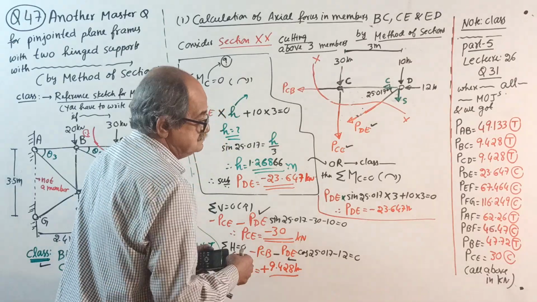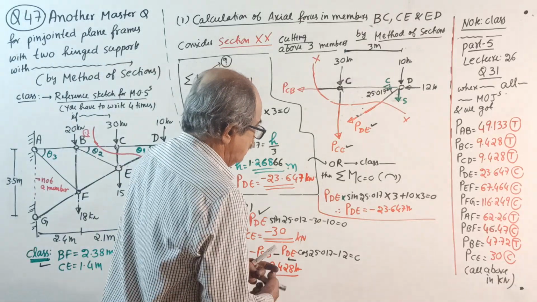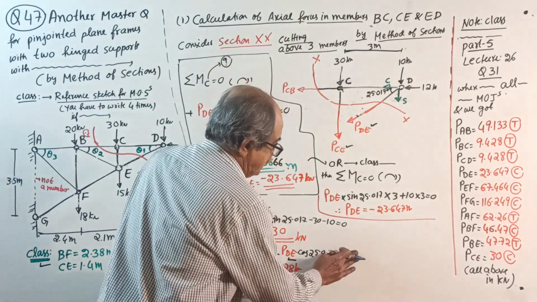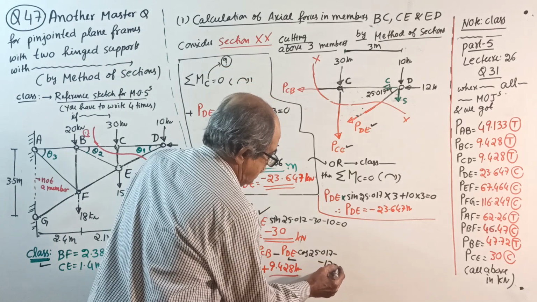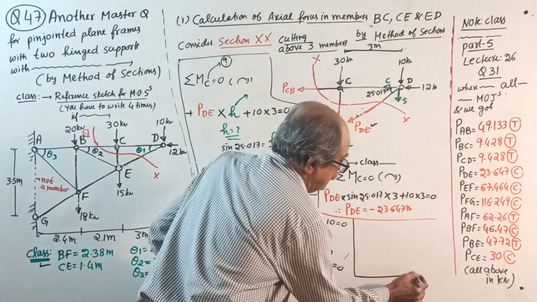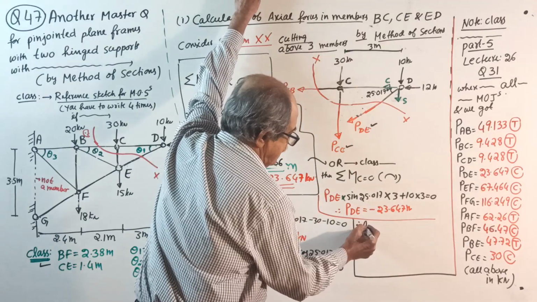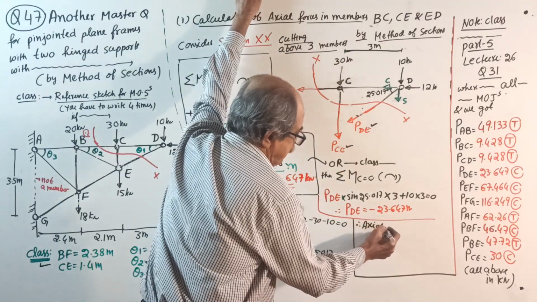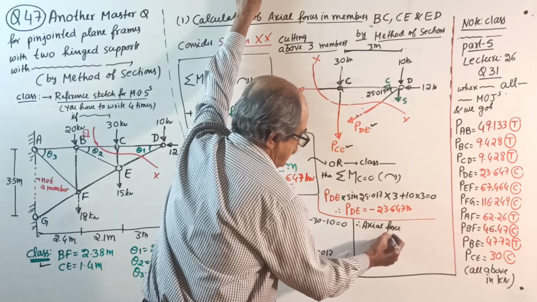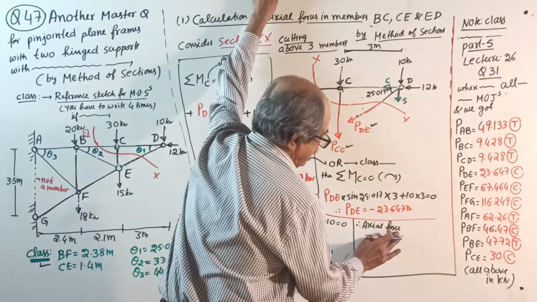Okay, over. Now do one thing. Lastly, somewhere here, minus 12 equal to 0. Okay. This space I want permanently for presentation. Axial force in which member? See there, right here only.